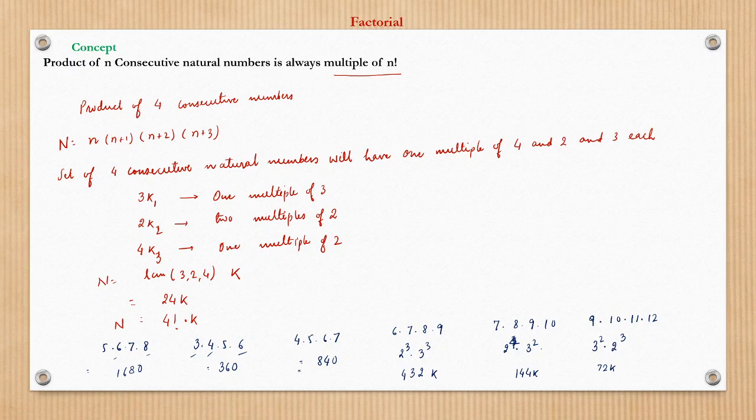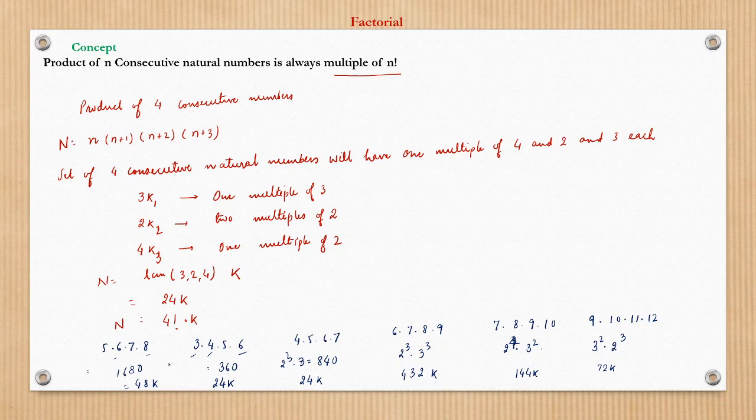Here if you see, it is nothing but 2 cube into 3 only. So here it is only 24k, right? Here it is only 24k. Here we can see 2 has a 3 powers, and here also it is only 24k. And here 2 raised to power 4, 16 into 3, here it is 48k. So now see, I have taken 6 different sets of 4 consecutive numbers.